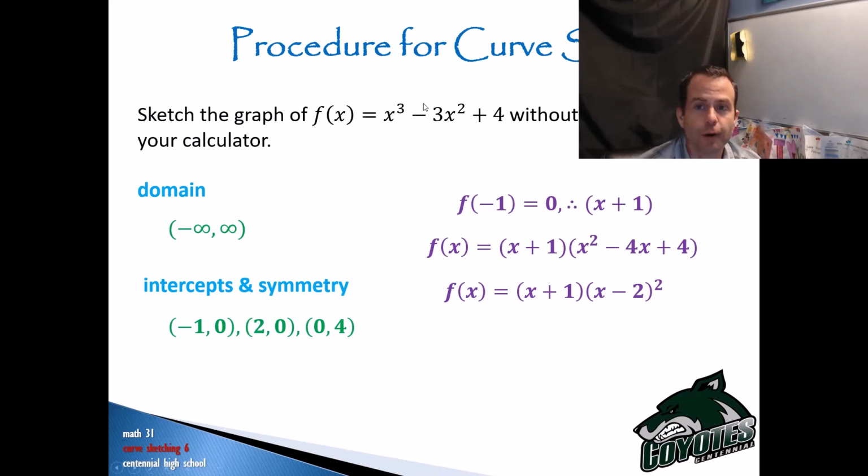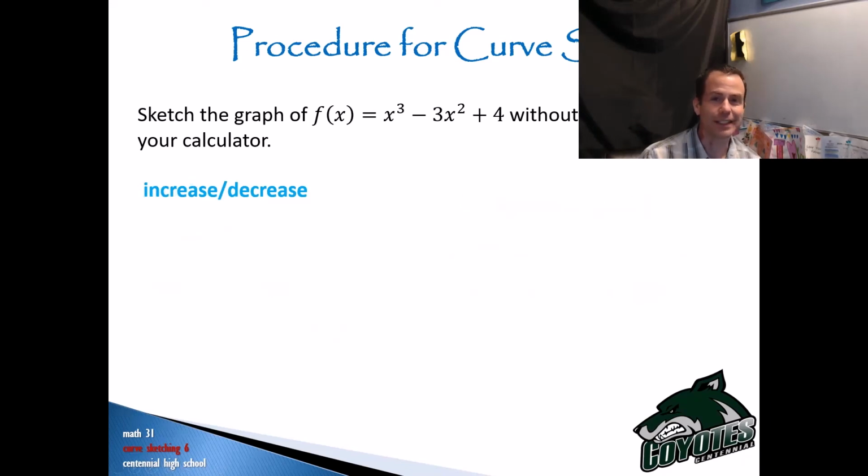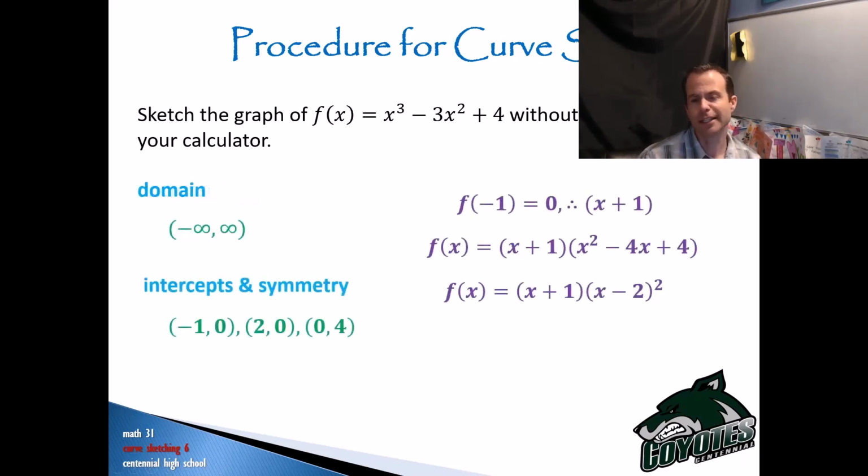They won't be the same thing because this stays negative in f of -x, and for negative f of x, this will switch and this will switch. So it's neither even nor odd. There's no symmetry there. I didn't actually say that here, but I would at this point say no symmetry.